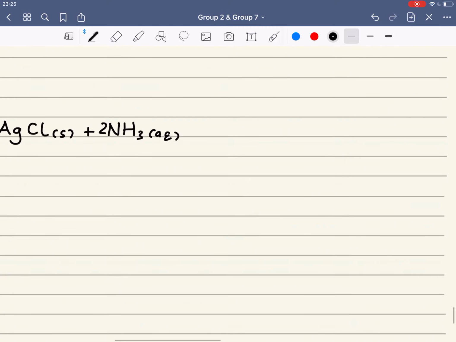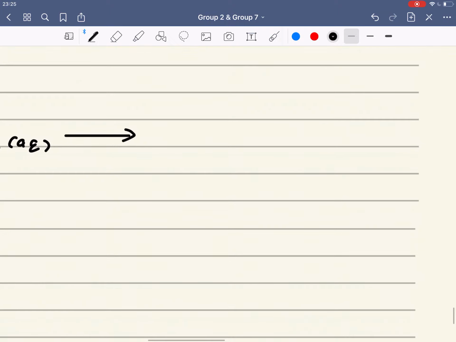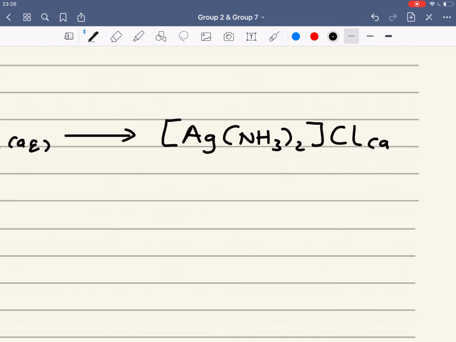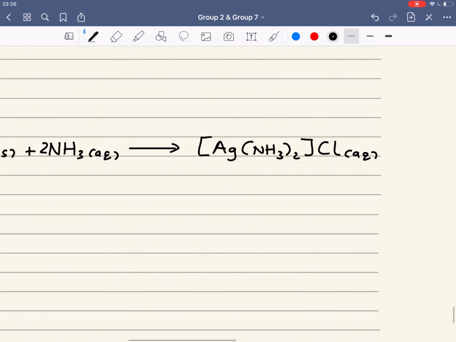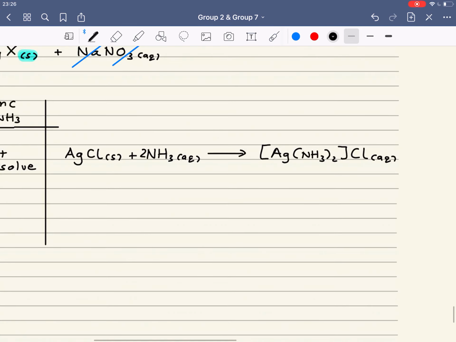The solid silver chloride reacts with the dilute ammonia or concentrated ammonia, it doesn't really matter, it's the same equation, and you get the following product, which is something called a complex. The key is that it is now soluble and in solution.